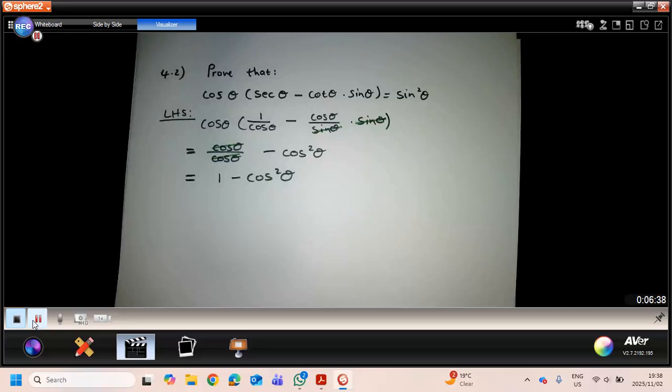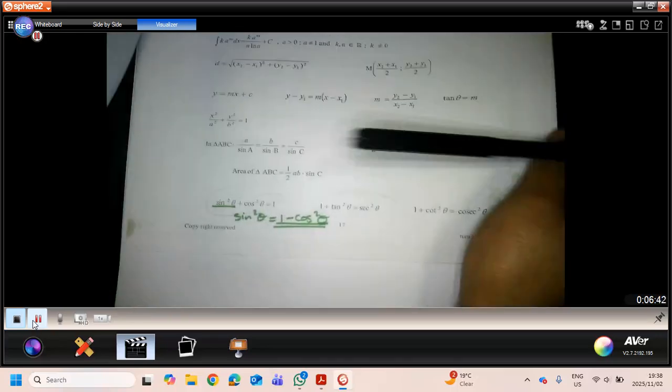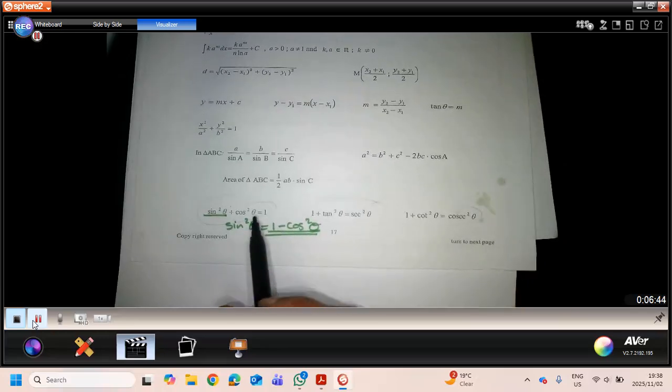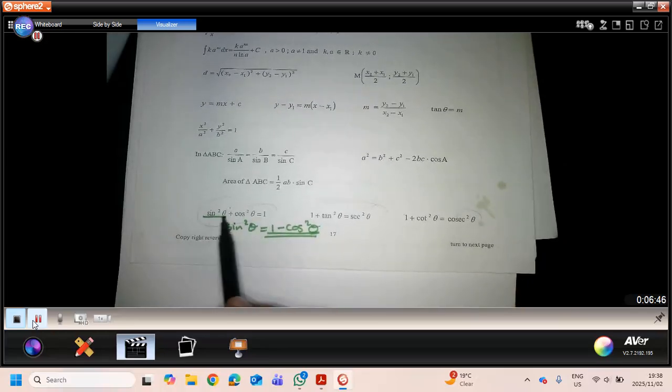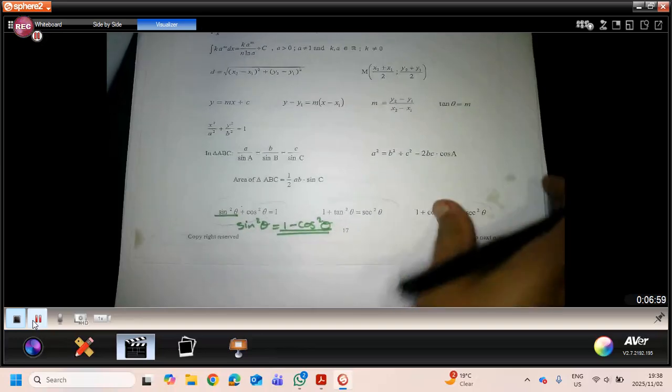So I'm going to quickly take you to the formula information sheet. Here at the bottom of the first page, it gives us the identity sine squared theta plus cos squared theta equal to 1, and you will see that I've made sine squared theta the subject there, which means that sine squared theta is 1 minus cos squared theta, right?